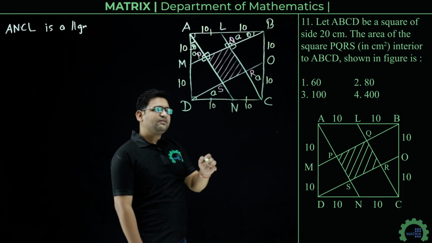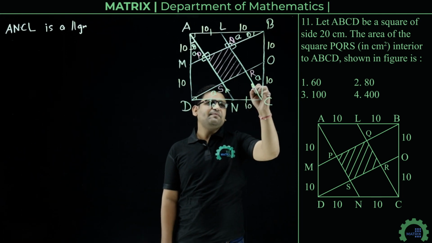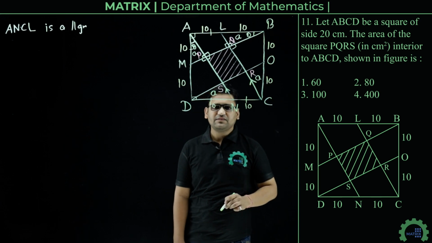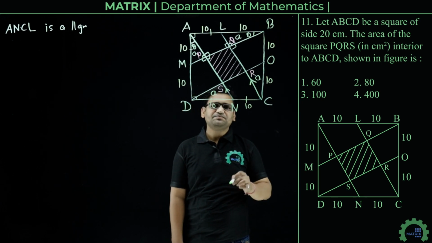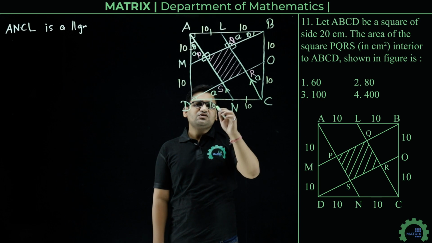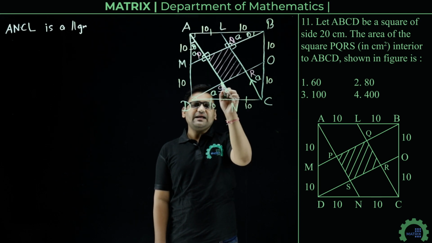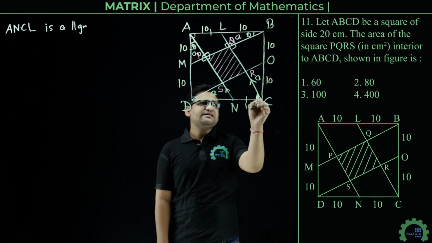When this is a parallelogram, then SN will be parallel to CR. So we can say that triangle DNS is similar to triangle DCR.